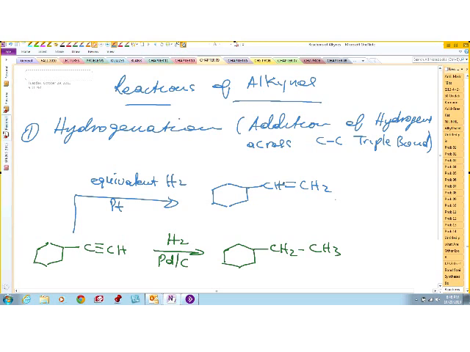Anyway, if we want to limit what you have to do, we will tell you that a certain number of equivalents of hydrogen is added. Okay. So that was 1A.